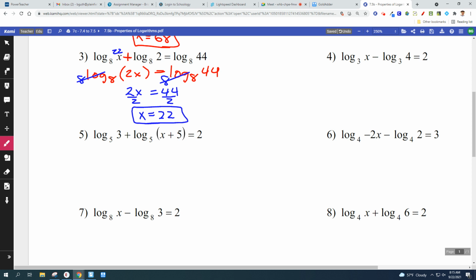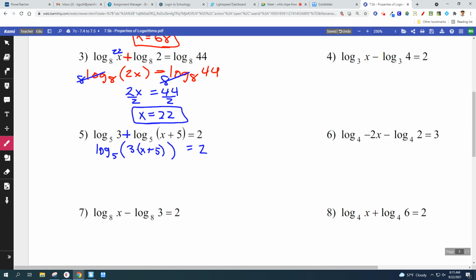So then the next one, there's a little bit more going on, but you're doing the same thing. You need to say log plus log, let's put it into a single log. So that's going to be log base 5 of 3 times (x plus 5) equals 2.